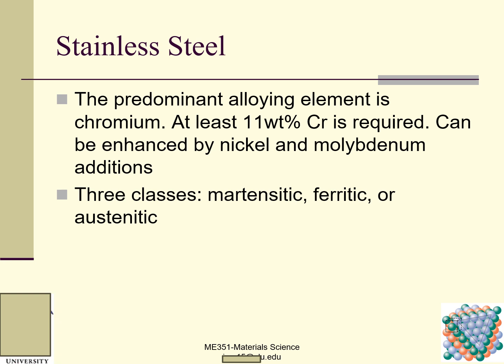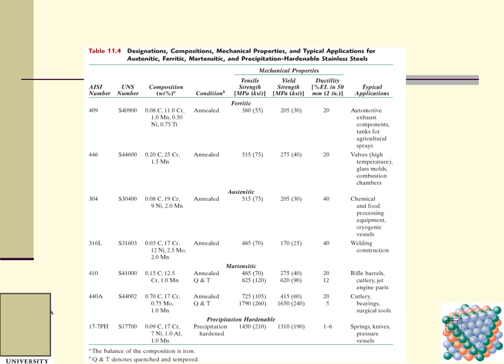So there are three classes: martensitic, ferritic, or austenitic. So here is the table of different stainless steels.